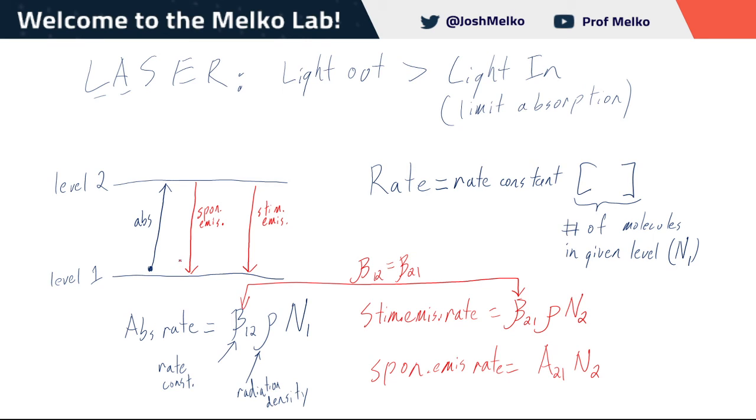Okay, so the only difference here between stimulated emission and absorption, and the rates at least, is N2 versus N1. Okay, so if we want the light out to be greater than the light in, what we really need is N2 to be greater than N1.